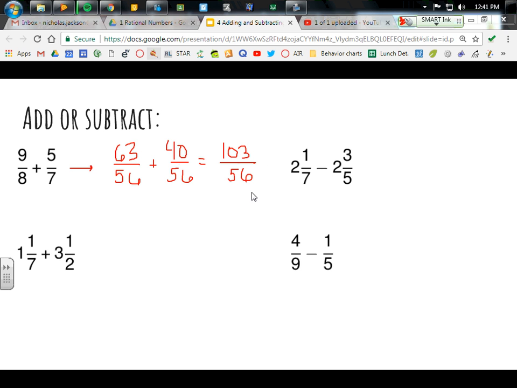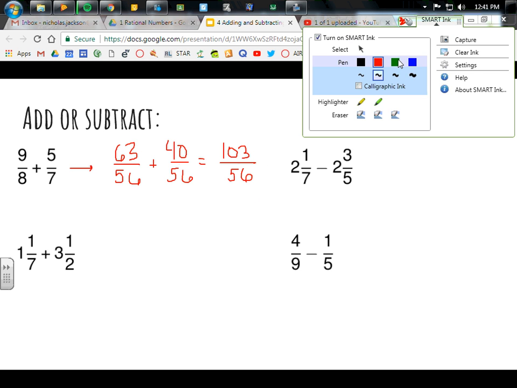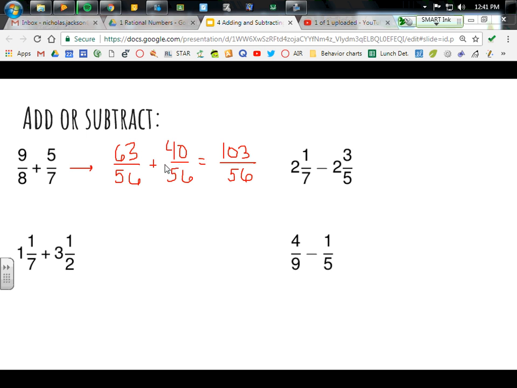All right, so we have an improper fraction here, so we need to use division in order to turn it into a mixed number. So I'm going to divide 103 by 56. All right, 56 can only go into 103 one time.